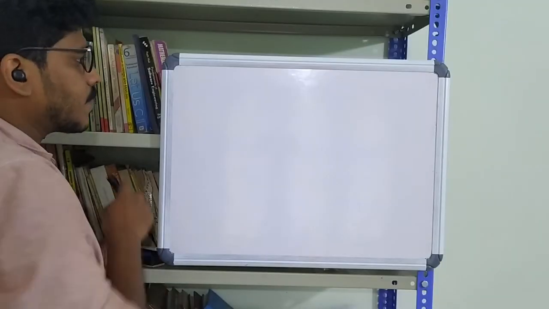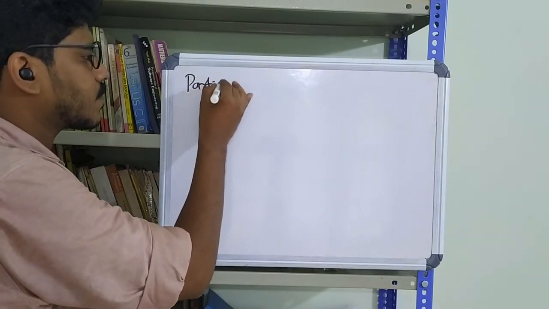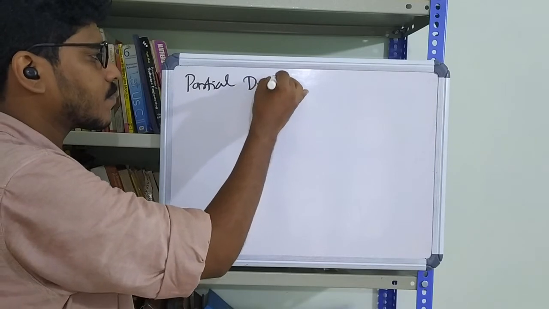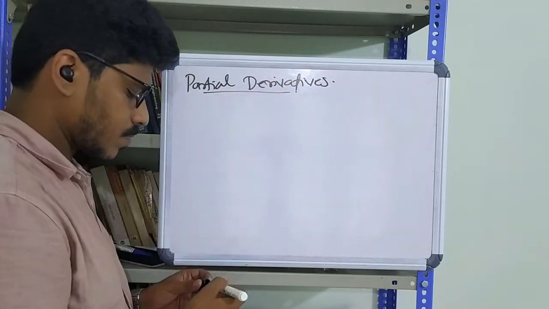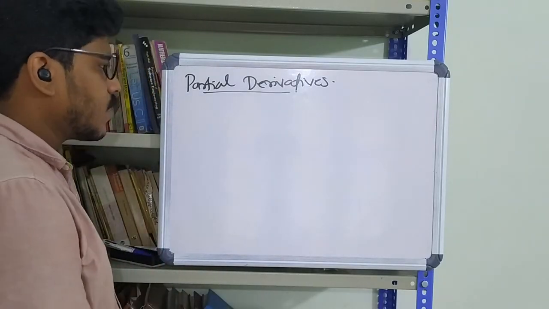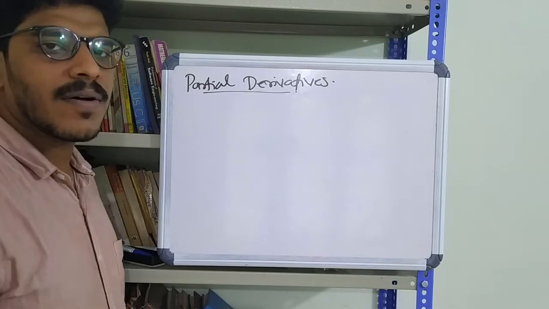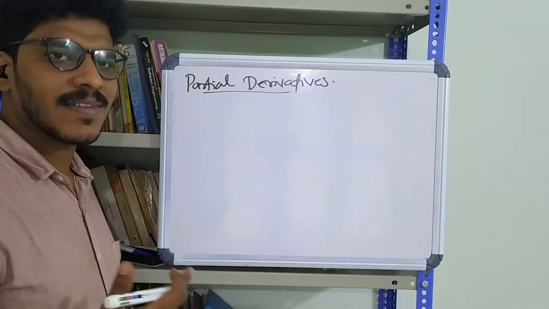Right. Now we move to the crux of the session, the partial derivatives. Let's start with the function of a single variable where we define derivatives and we try differentiation.